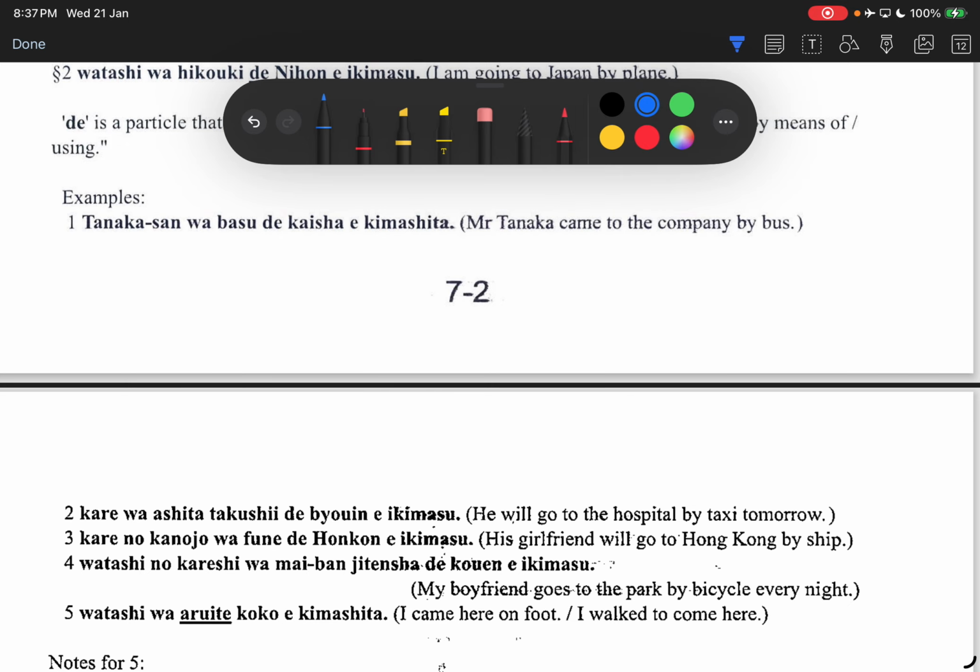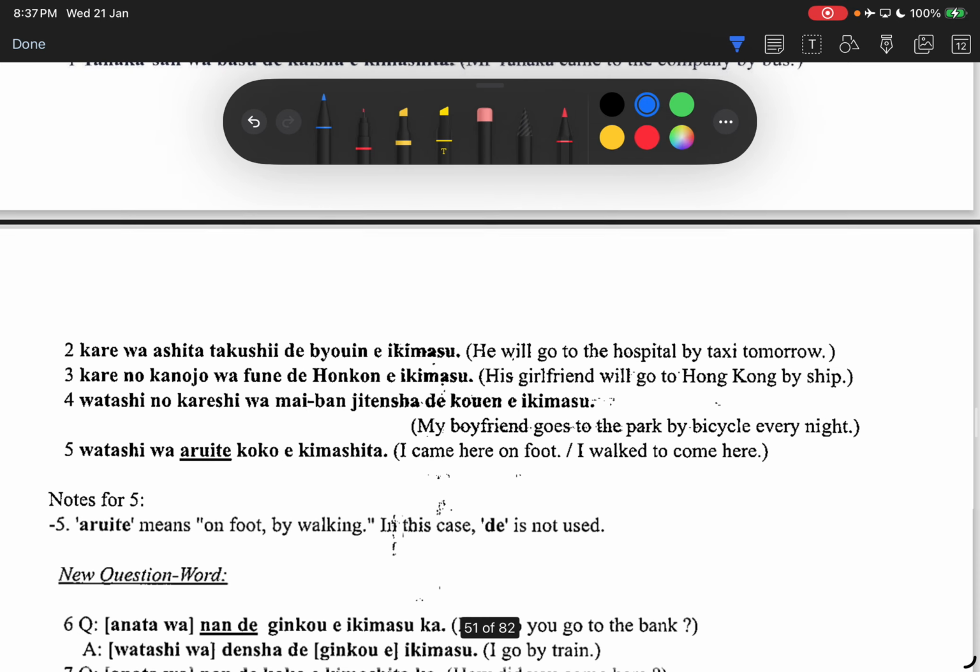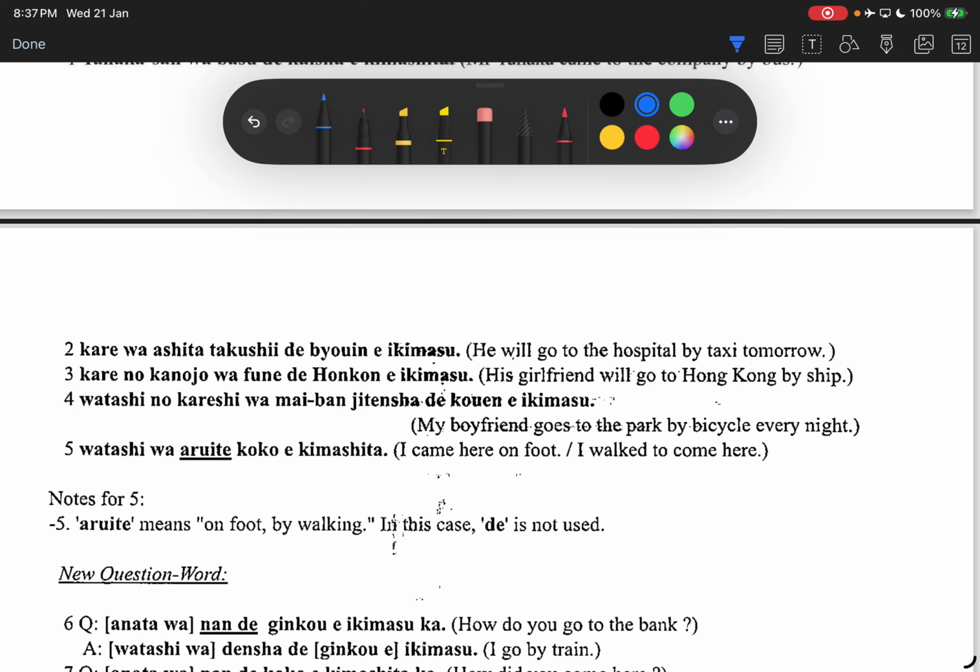Number 2. 彼は明日タクシーで病院へ行きます。明日 is tomorrow. タクシーで is by taxi. 病院へ to hospital, 行きます, go. So tomorrow by taxi go to hospital.